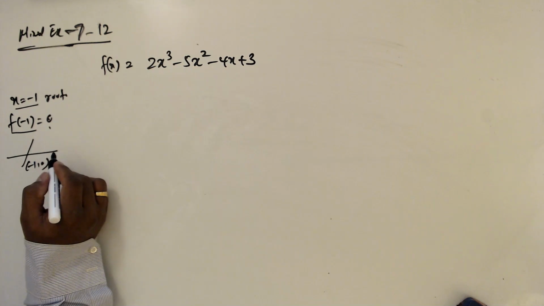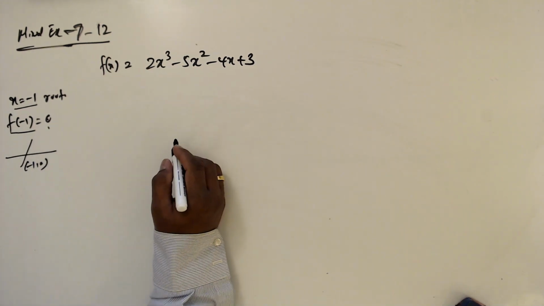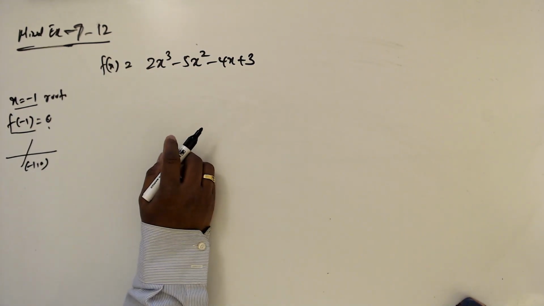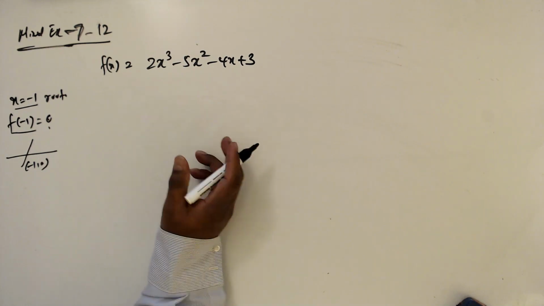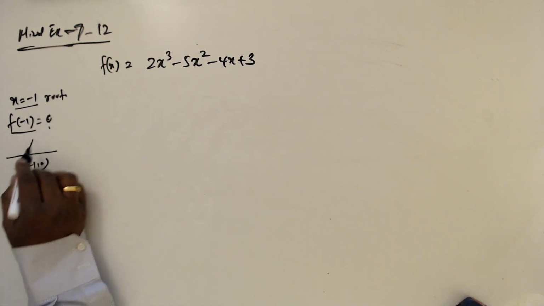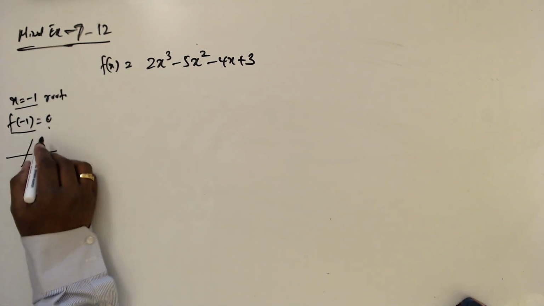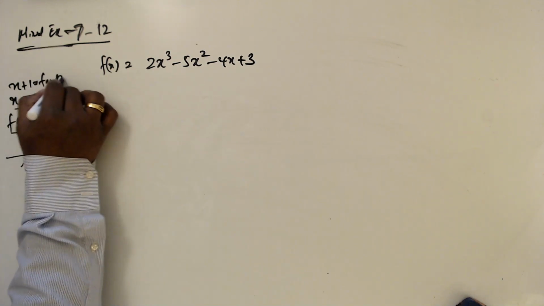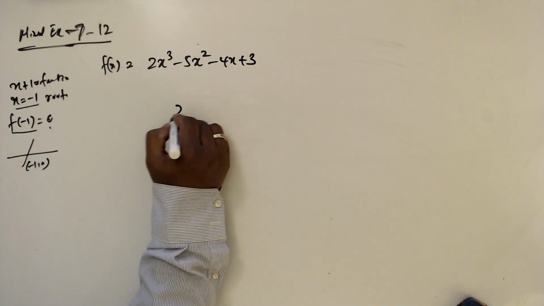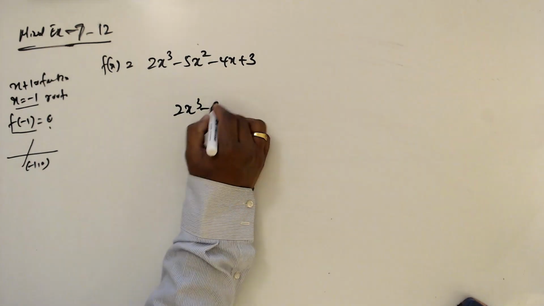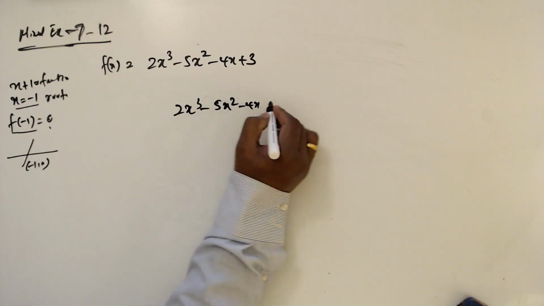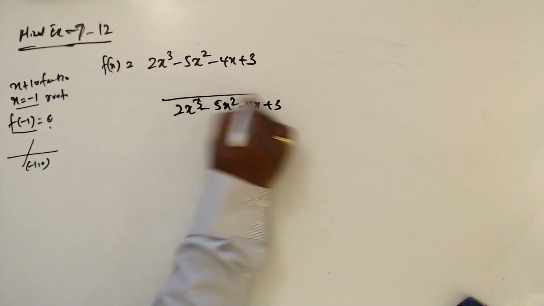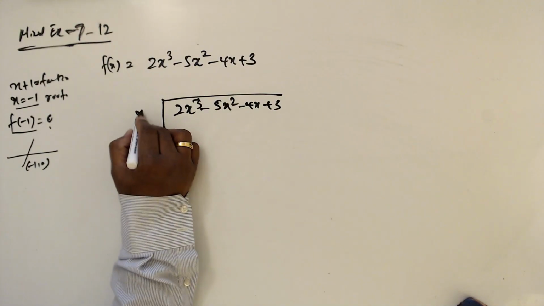In here we don't need to show this is a root. Since x equals minus 1 is a root, hence x plus 1 is a factor. We can work straight away on this one now: 2x cubed minus 5x squared minus 4x plus 3 divided by x plus 1.